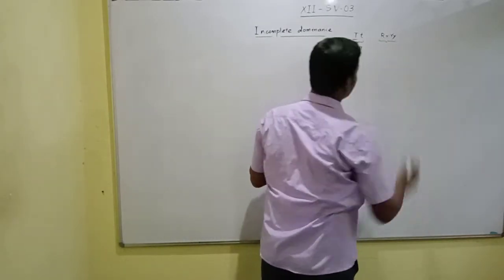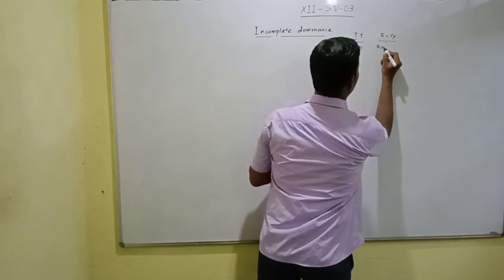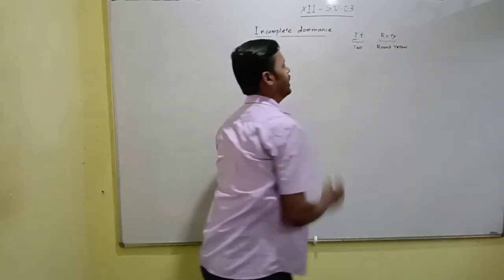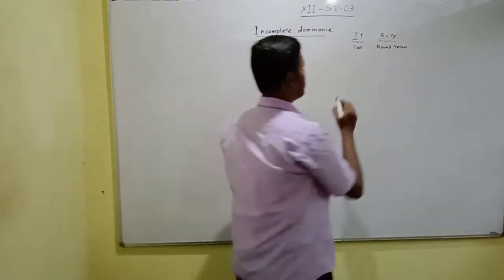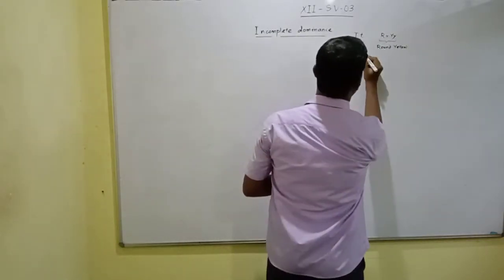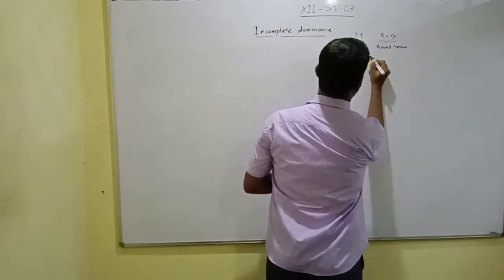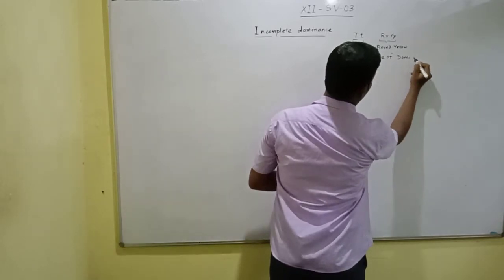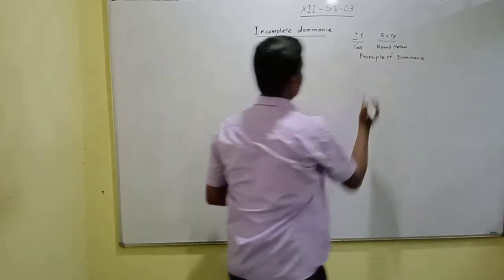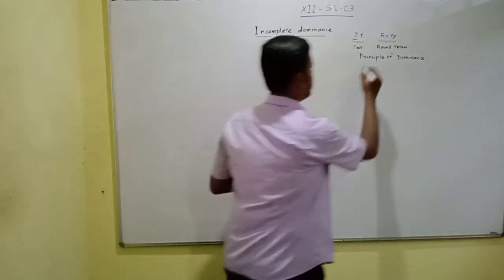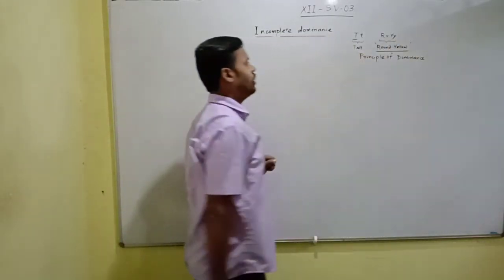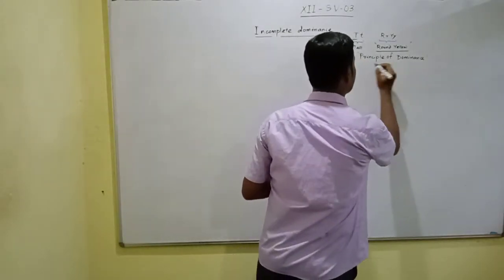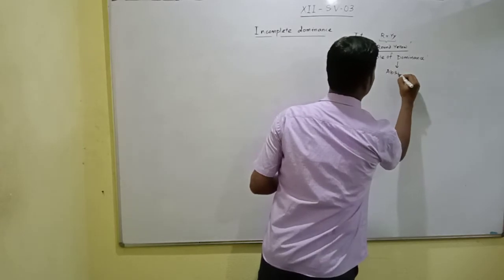Similarly, when 2 factors are taken into consideration, it is round yellow. So this shows that always a single dominant parent's trait will be exhibited. That is known as the principle of dominance. Only one individual's characters will be reflected or exhibited. That is called the principle of dominance, or also absolute dominance.